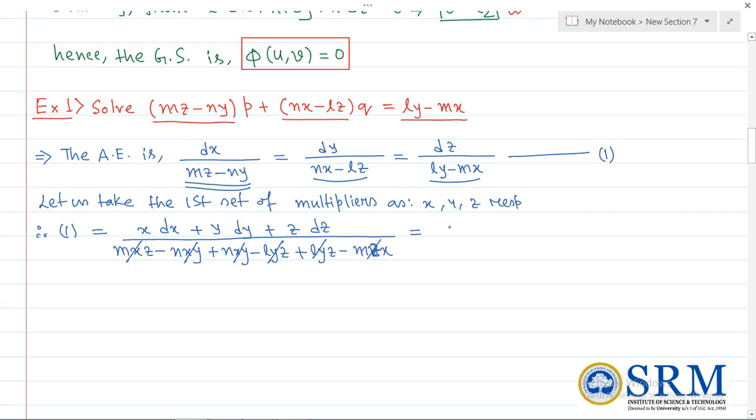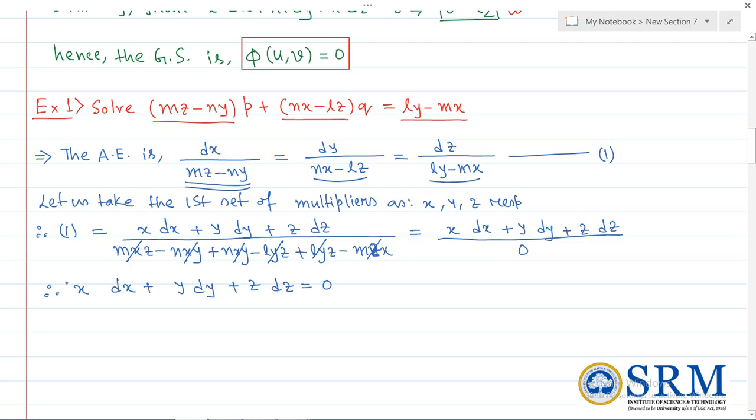So this factor is going to be x dx plus y dy plus z dz, divided by 0 only, right? Now if you just equate this factor with any one of the factors of equation 1, then what we will get? We have x dx plus y dy plus z dz equal to 0.